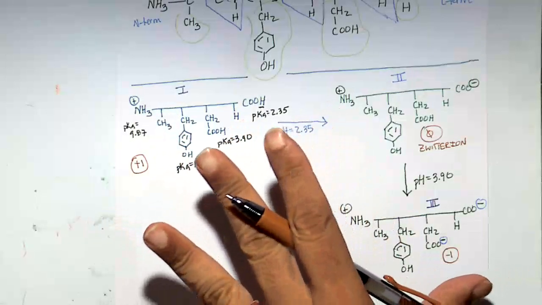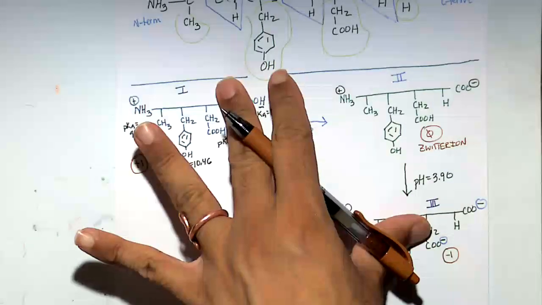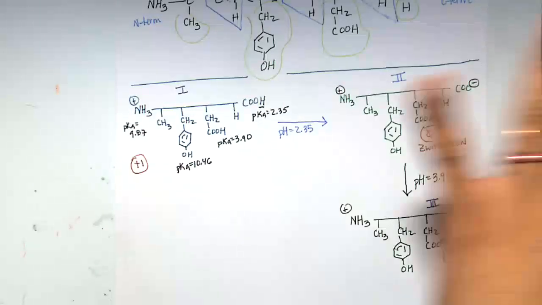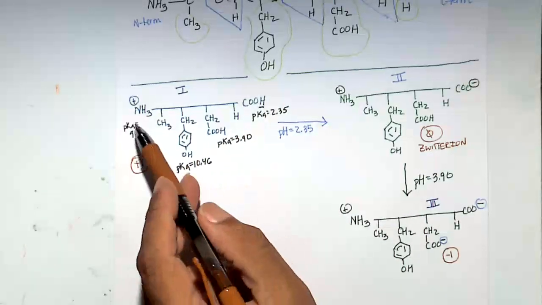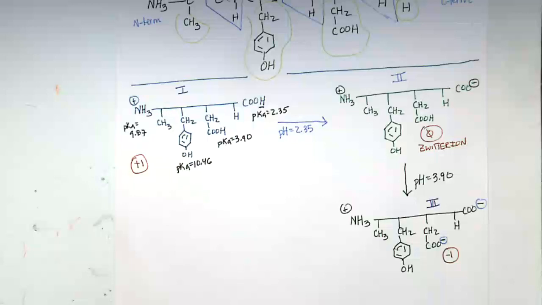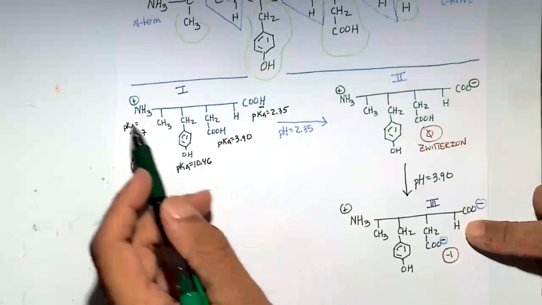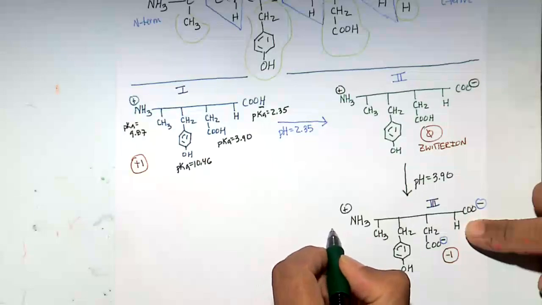I'm going to move on. I know a lot of us in previous classes as well, I'm going to average these two and get the pI, but I'm going to go all the way, okay? I'm going to get this one and this one. So what's the next to come off? The 9.87.